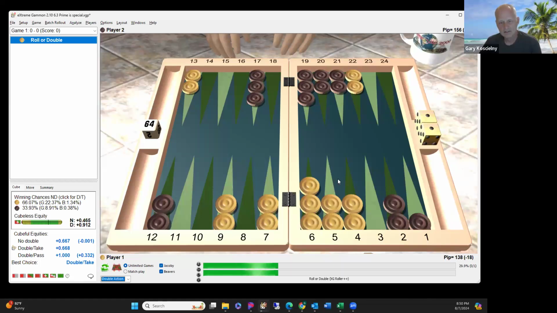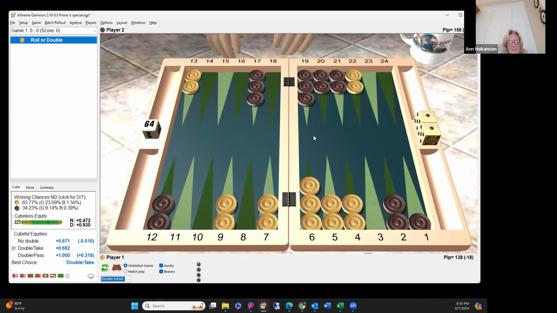I'm surprised that it's barely the double. I wouldn't feel so good about that double. Yeah, and I think you get a lot of drops here, just because white has the better prime, 2 back versus 3 back. But white is at the edge, but so is black, at least part of it is at the edge.